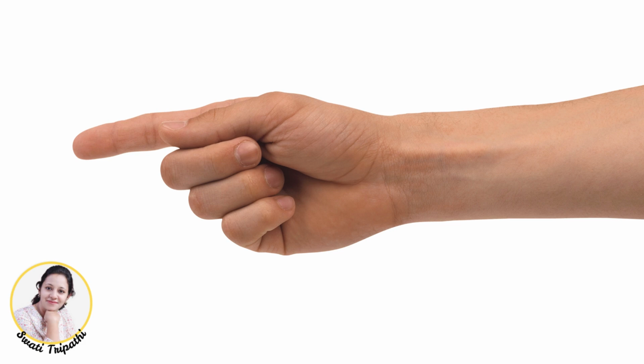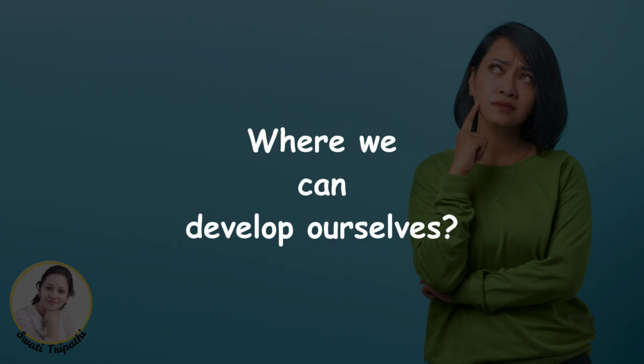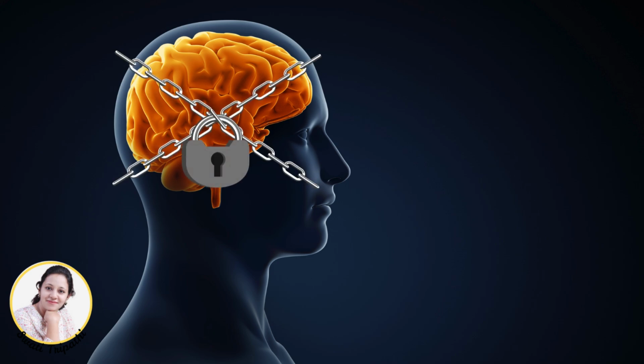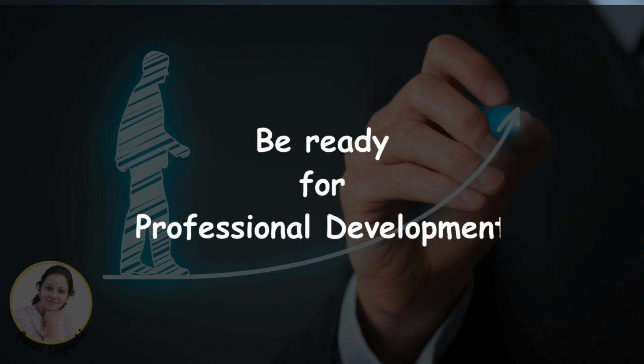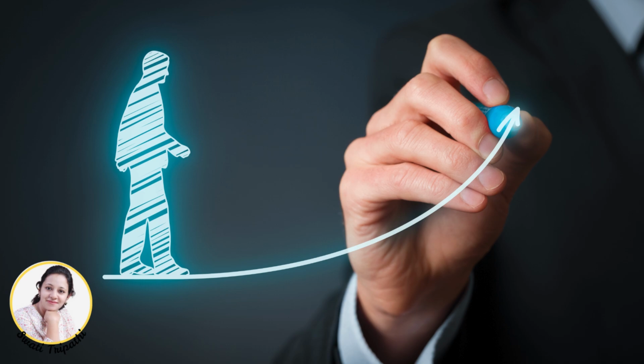If we have four fingers, at least we need to think about ourselves, where we can develop ourselves, where we can beautify something, where we can work on the teaching method, where we can work on classroom management, where we can do something better for the child. When we try to find the solution, we'll get the solution. If we close our brain door and say, okay, there is something wrong with my class, the option and the willingness to work on that parameter is completely closed. Your shutter is closed. So be ready to develop yourself professionally.